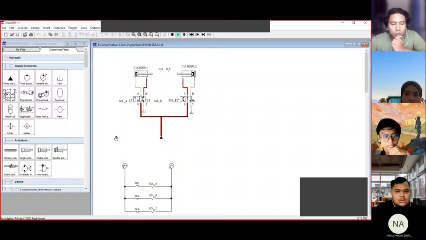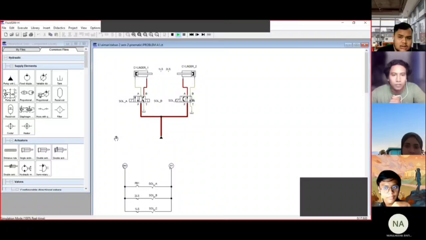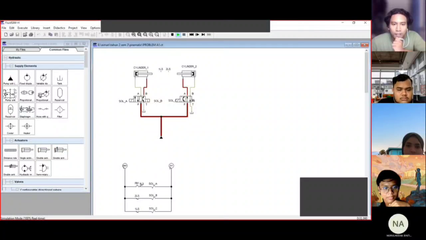Okay, anybody have a question for our simulation? Syed, why is the cylinder one expanding? Okay. Before that, I will run it again.